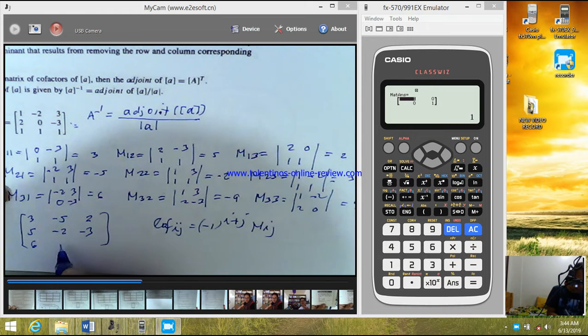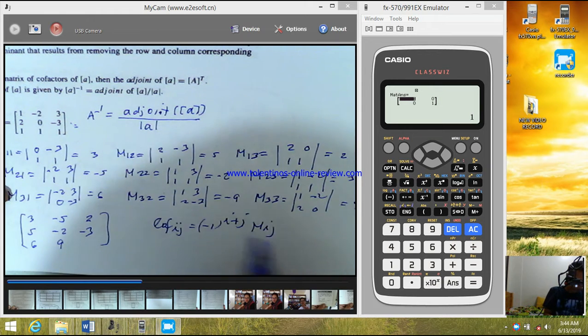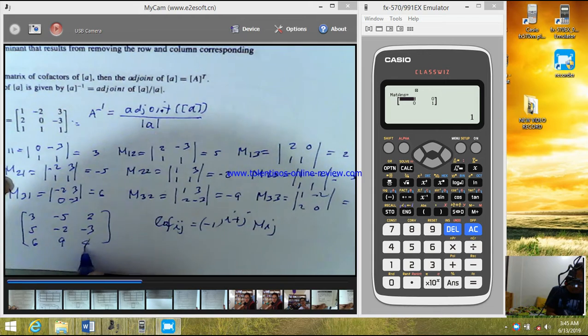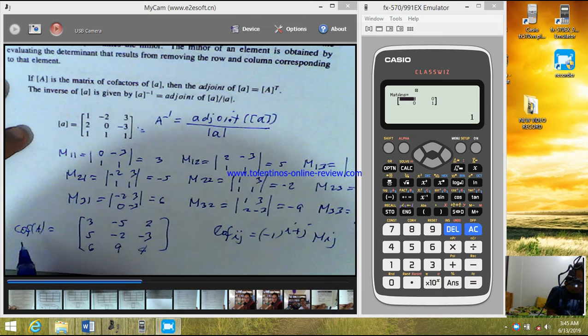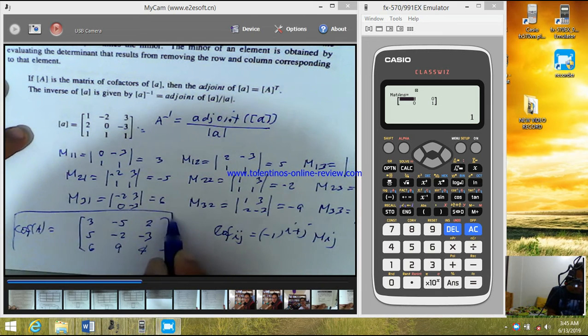This will be 9. 3 plus 2 is odd, and 3 plus 3 is even, so 4. Alright, this is the cofactor matrix.